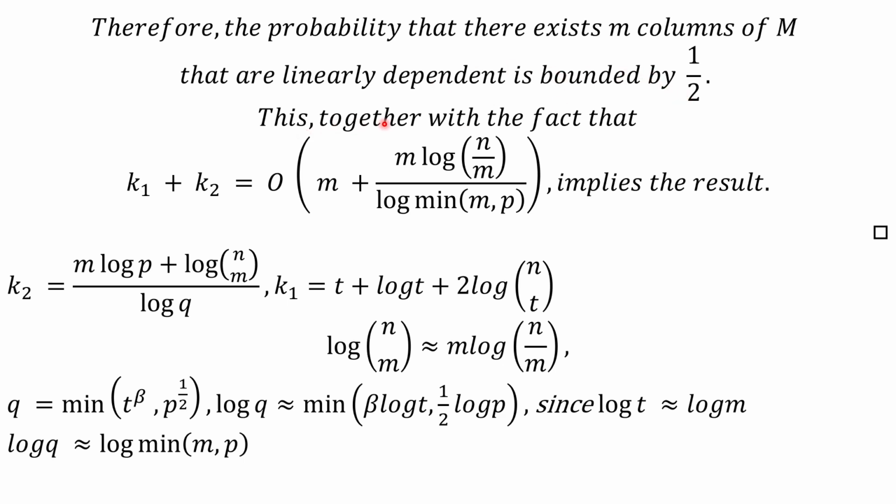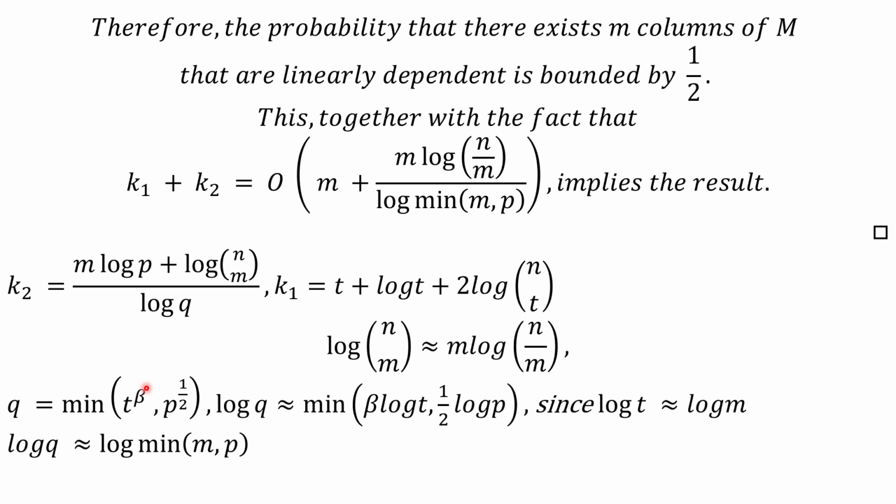This, together with the fact that k1 plus k2 is equal to this right here, implies the result. k1 plus k2 is equal to this right here because of the definition of k2 and the definition of k1. Now, we have this approximation that we saw earlier, and we know that q is the minimum of these two numbers.